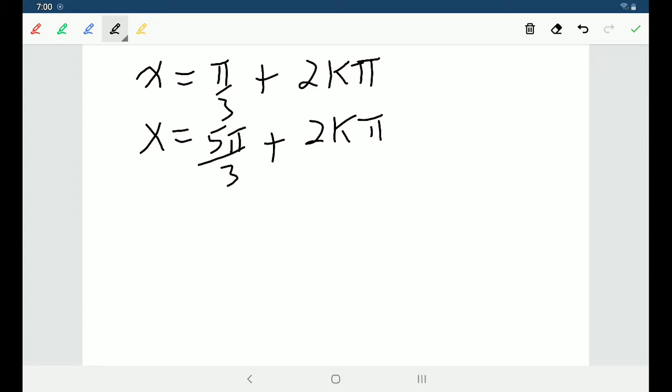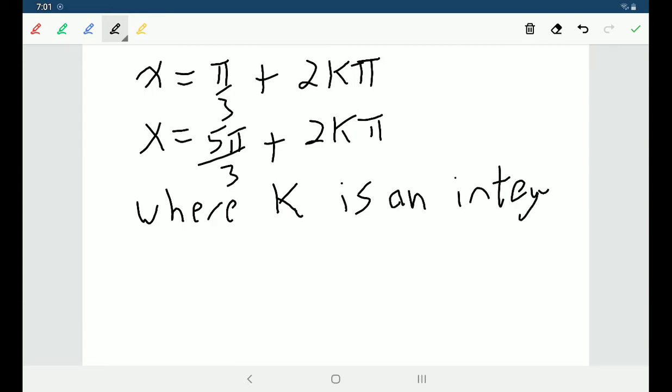So for my general solutions, I say x is pi over 3 plus 2k pi, x is 5 pi over 3 plus 2k pi, where k is an integer. All right, so we've got our general solutions written down.